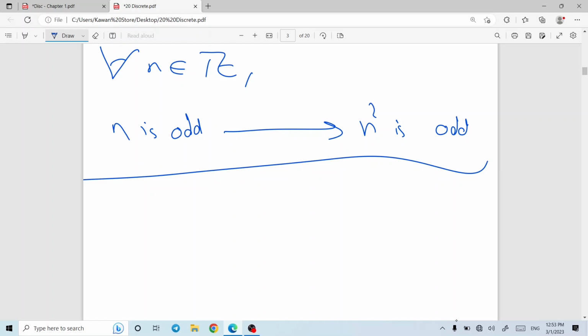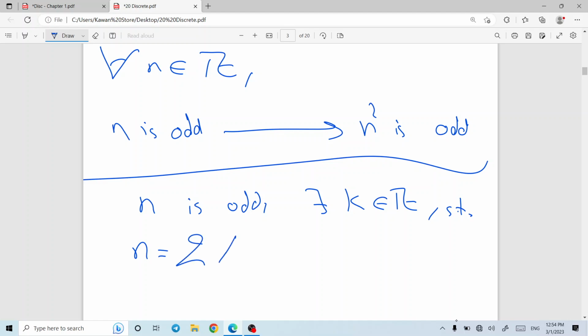The same. So in Calculus 2, chapter 10, Taylor. Do you remember when we made a formula for Taylor? So we say n is odd, then there exists k in Z, such that n can be written as this formula.